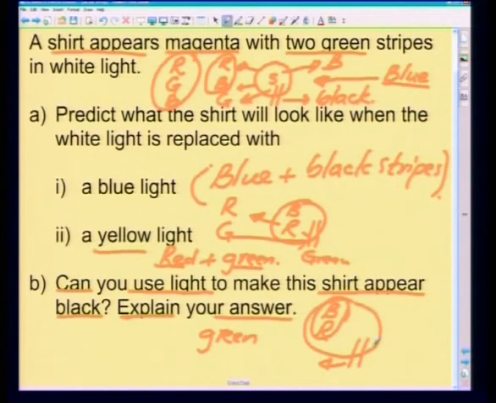So if we can't see the green stripes, we're going to see the blue and red color in some way. So there is no way in which we can see the shade here as completely black. In other words, we cannot have complete subtraction of color there. It is not possible.